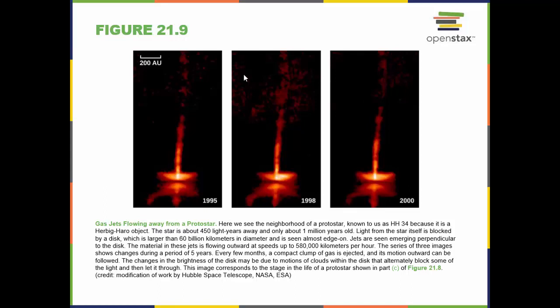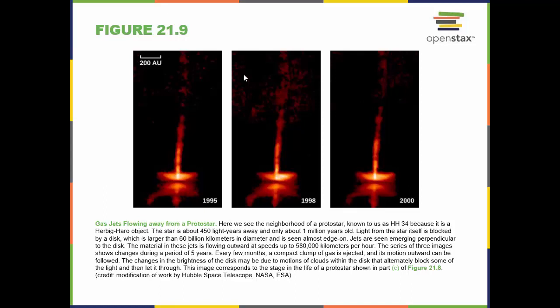And light from the star itself is blocked by the disk, which is larger than 60 billion kilometers in diameter. And we're looking at it edge on. So the jets emerge perpendicular to the disk, and the material in these jets is flowing outward at speeds of about 5.8 times 10 to the fifth kilometers per hour.